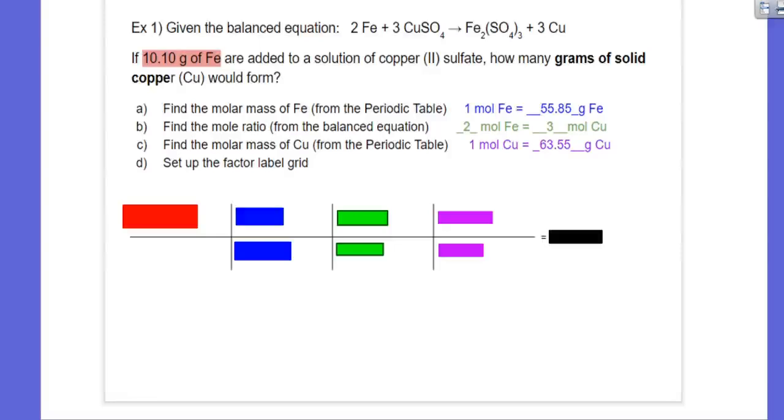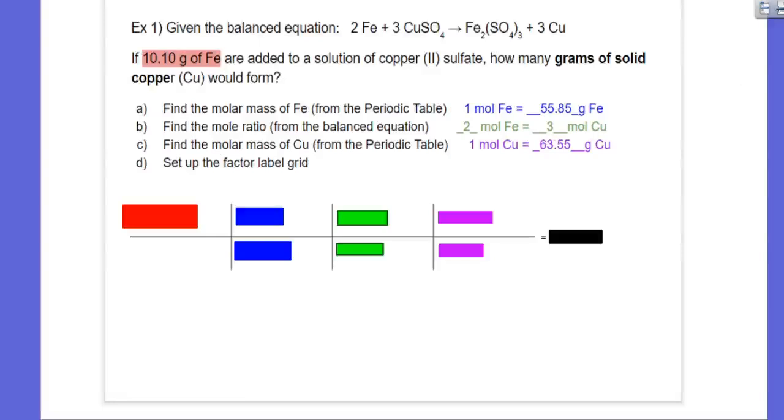Next, we're asked to find the molar ratio from the balanced equation. So my iron, my Fe, has a coefficient of 2 in front of it in my balanced equation. And my copper, Cu, has a coefficient of 3. So my molar ratio is 2 moles of iron are equal to 3 moles of copper.